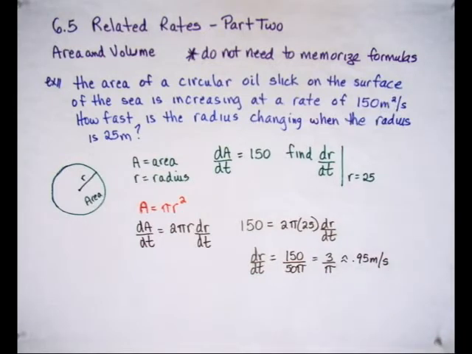So as this oil slick spreads, the area is increasing at a rate of 150 square meters every second. The actual radius of the circle at that moment that the radius is 25 would be increasing at about almost a meter a second.